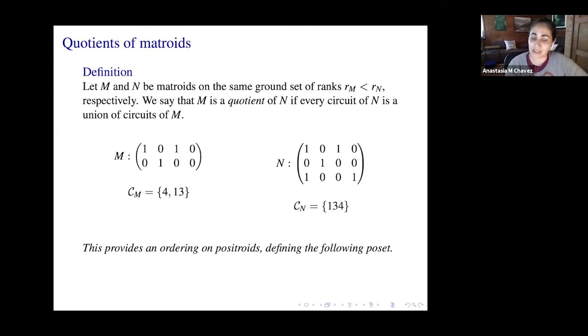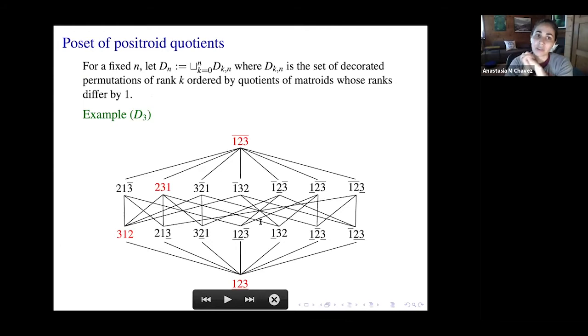So why don't we generate a poset of positroids, ordered in such a way that one positroid is less than another if they form a quotient? That gives us the following poset of positroid quotients, which to our knowledge is something new.